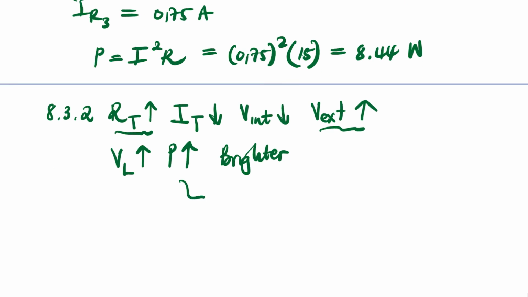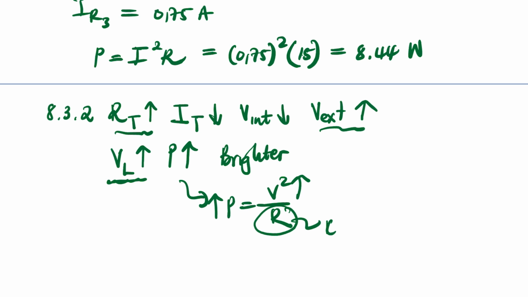Why? From this formula that says power is equal to V squared over R, the voltage that is utilized by that bulb increased. That causes the power to increase because the resistance of that bulb, we're told, remains constant.